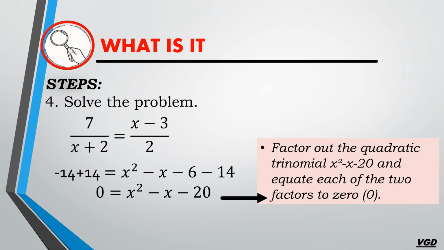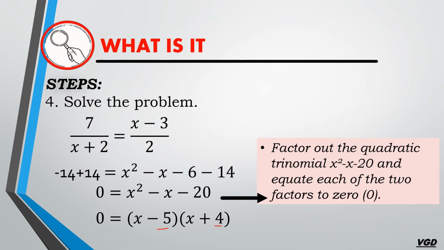Next, we have to factor the quadratic trinomial x squared minus x minus 20 and equate each of the two factors to 0. The factors of x squared minus x minus 20 are the quantity of x minus 5 times the quantity of x plus 4. How did we get the factors negative 5 and 4?